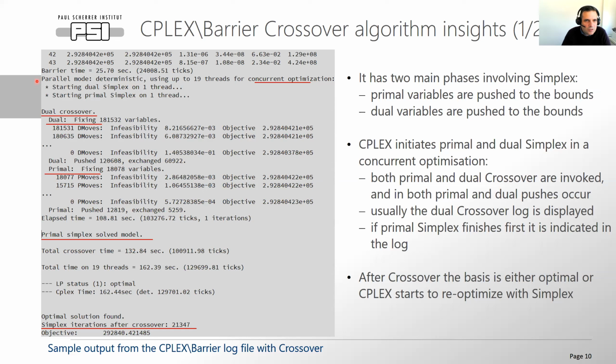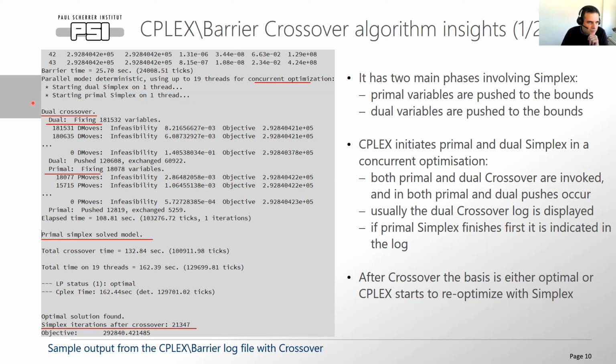When we have more than one thread, a concurrent optimization happens, which means that the CPLEX solver initiates both primal and dual crossover: primal crossover in one thread, dual crossover on the second thread.